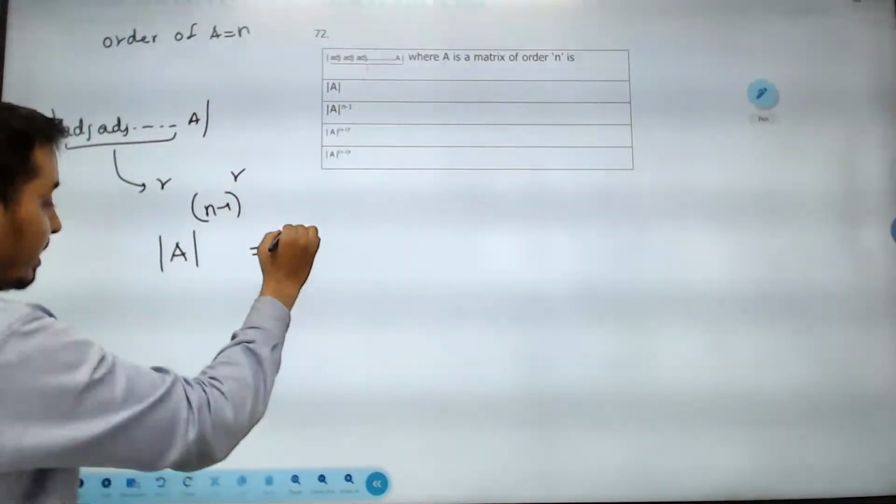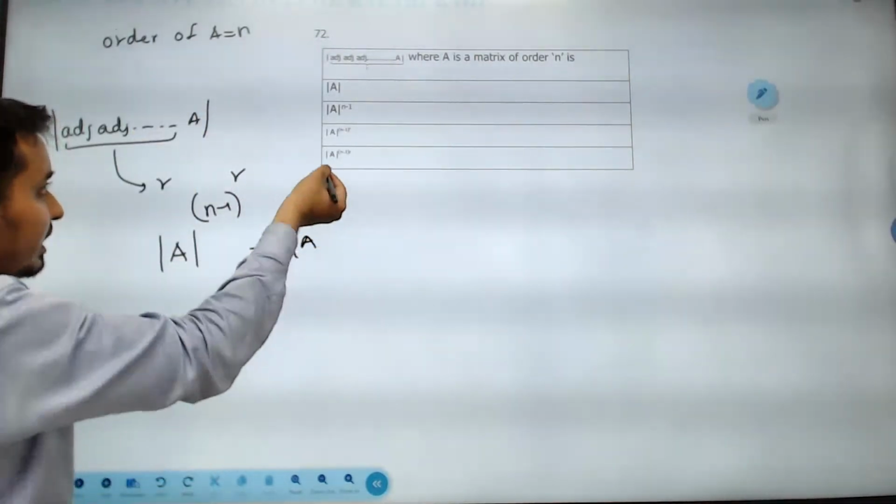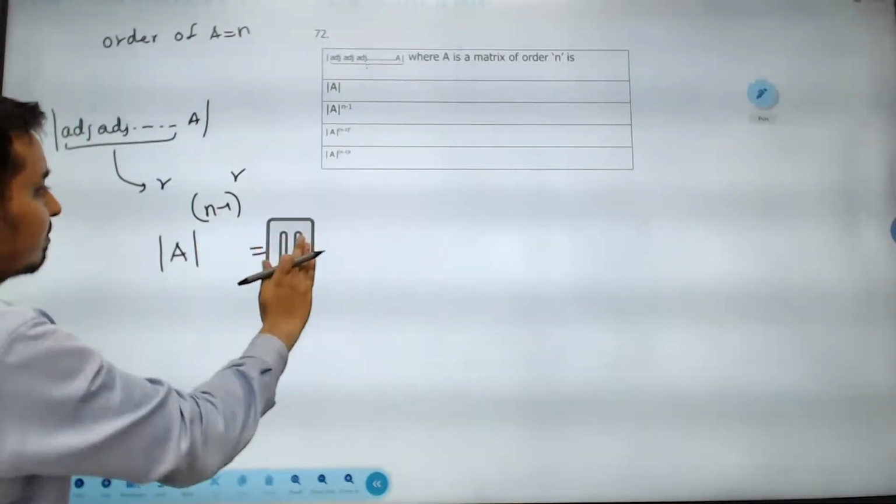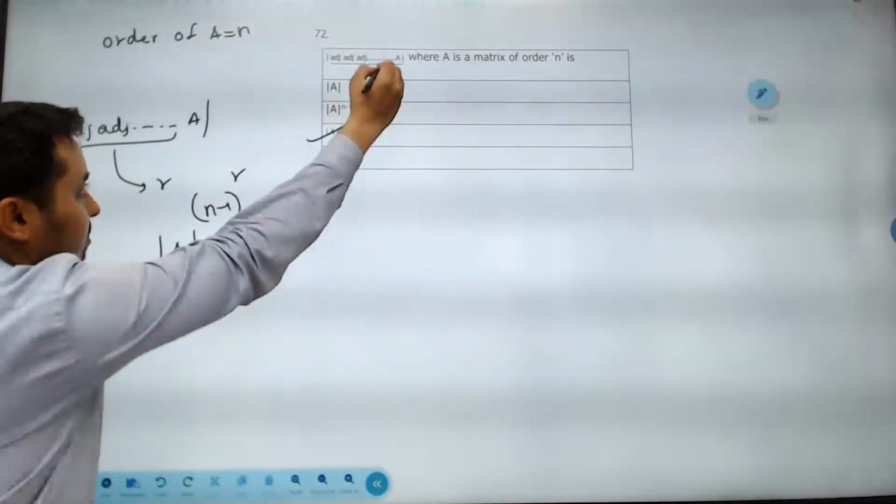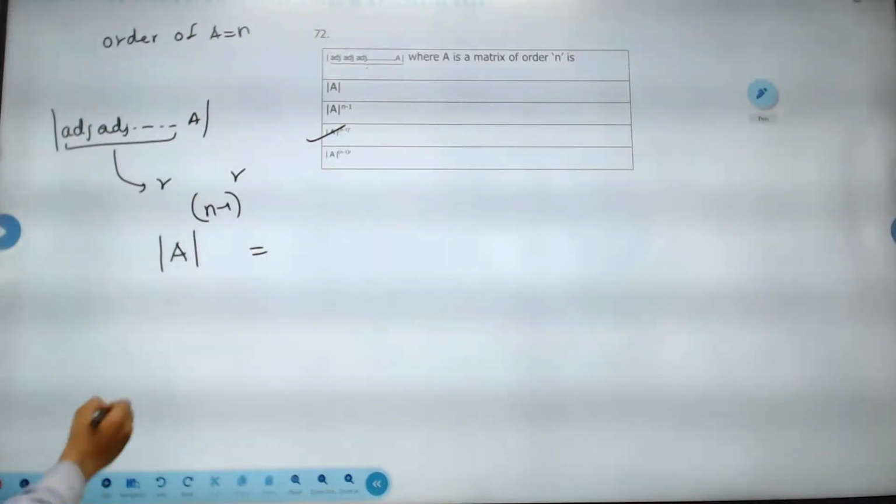So you don't need to do anything further. This is a direct formula, right?